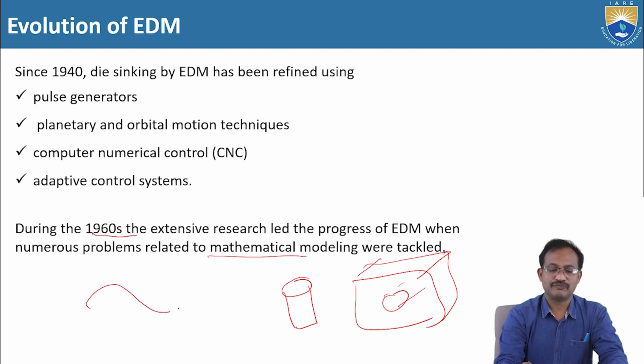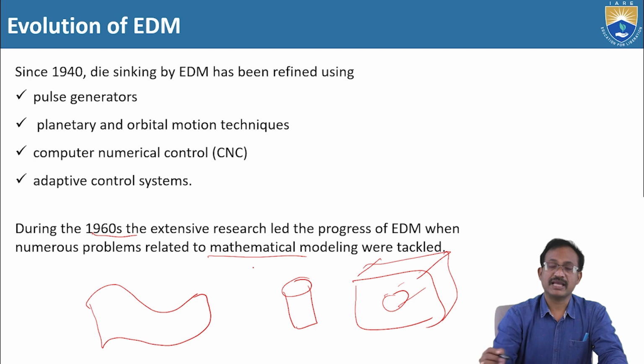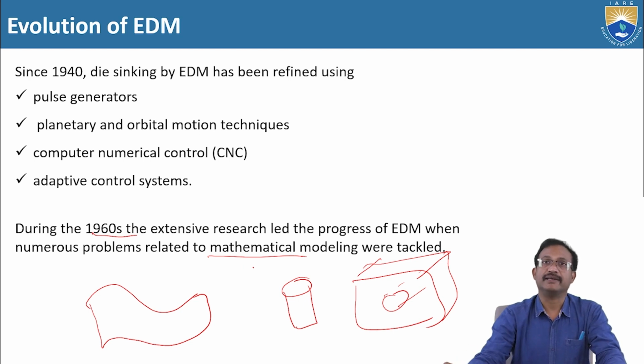Suppose we want to cut a complex contour shape with varying x, y, and z directions, then we have to go with mathematical modeling with complex geometry tools like Bezier surfaces and B-spline surfaces using splines concept.